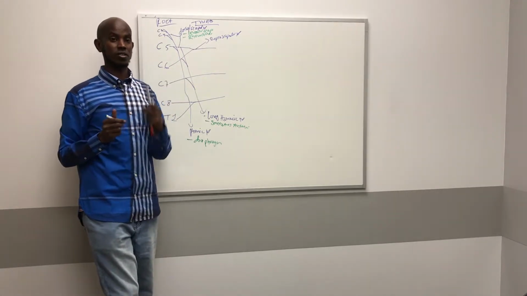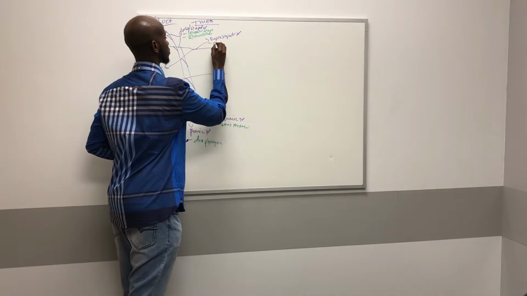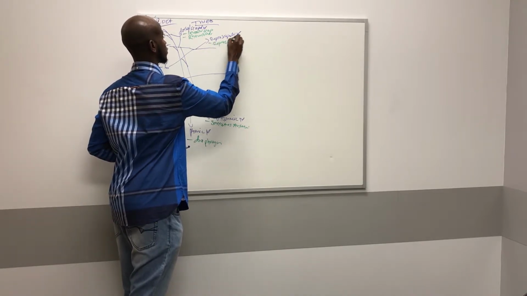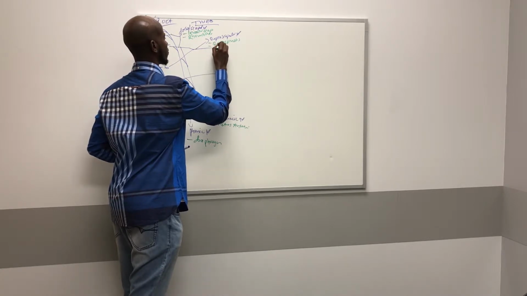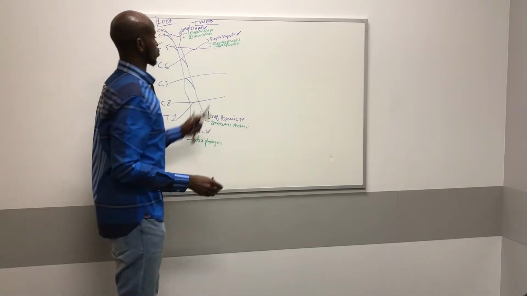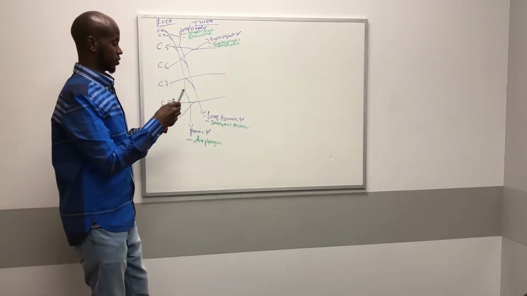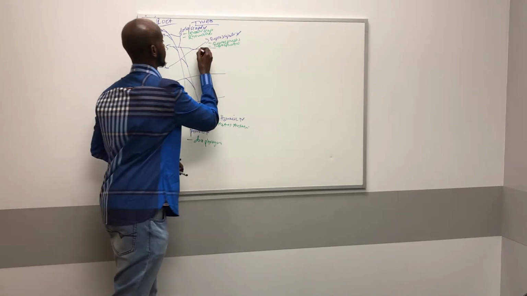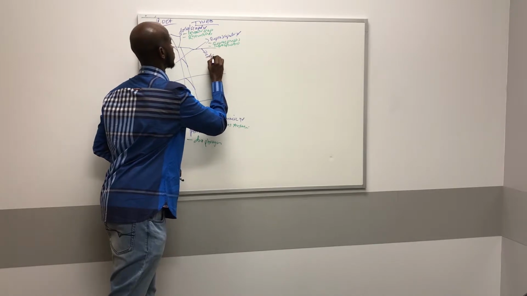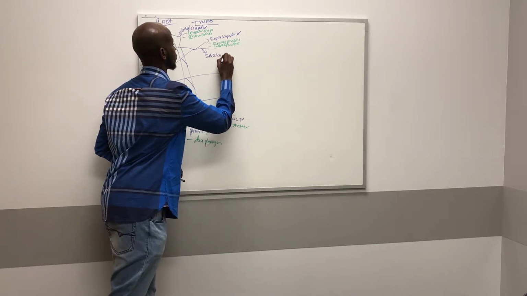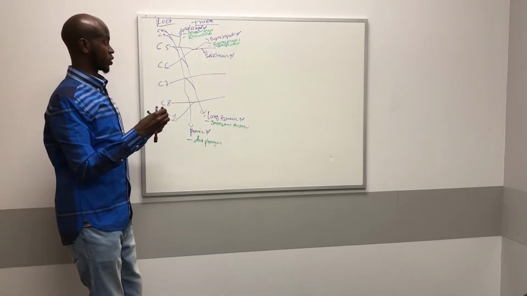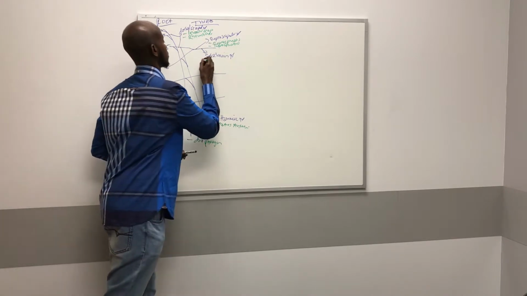The suprascapular nerve supplies two muscles, supraspinatus and infraspinatus. There is also a small nerve here, the subclavian nerve. The subclavian nerve supplies one muscle, subclavius.